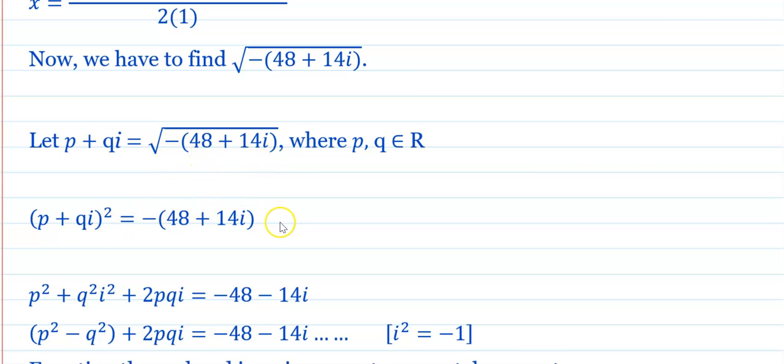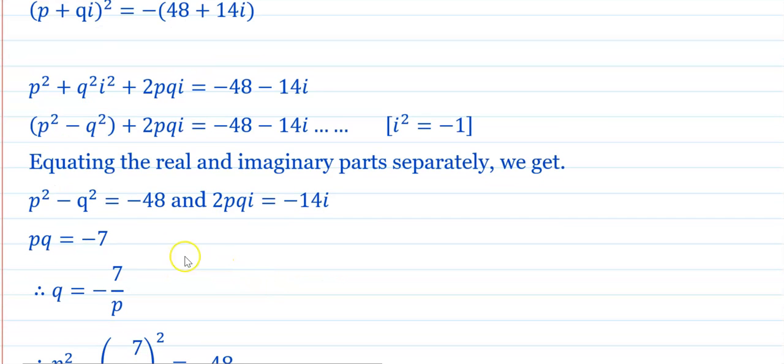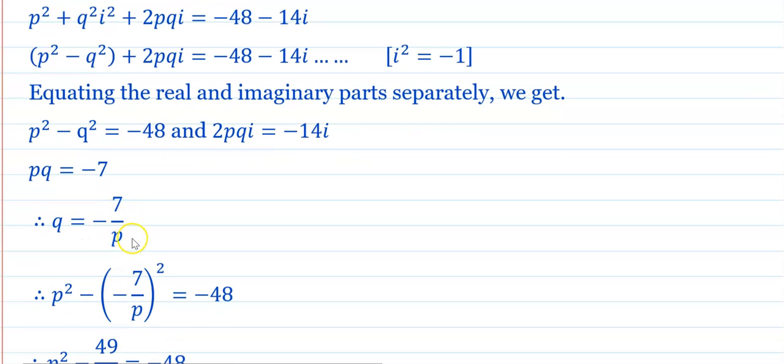Squaring on both sides. p square plus q square i square plus 2pqi is equal to minus 48 plus 14i. आता q square i square is minus q square. p square minus q square plus 2pqi is equals to minus 48 plus 14i. p square minus q square is equals to minus 48. 2pq is equals to 14, pq is equals to 7. Therefore, q is equals to 7 upon p.